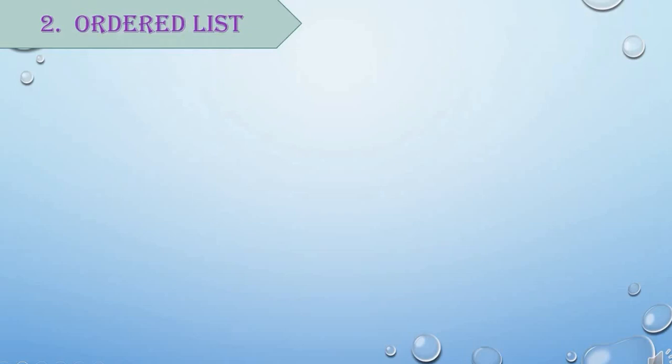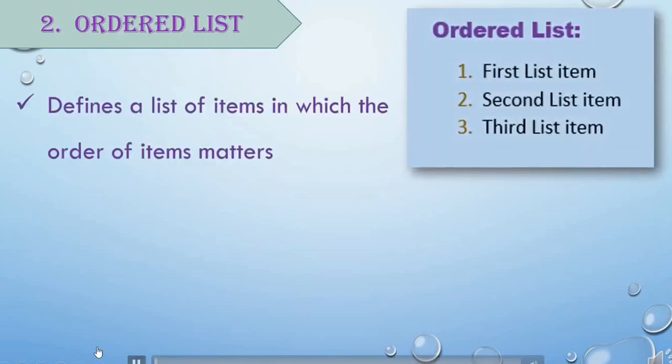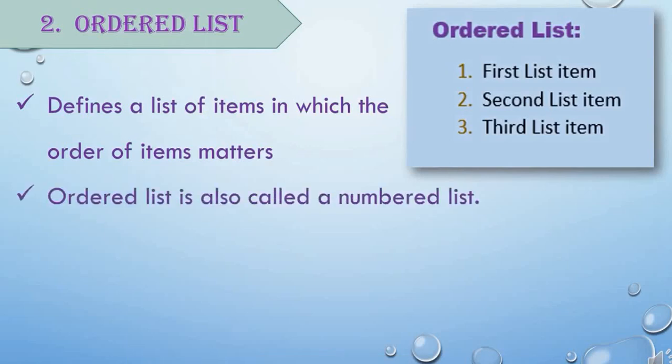The ordered list defines a list of items in which the order of items matters. These are sometimes called numbered lists, because by default, the list items contained in that list have a specific numerical order or ranking. Ordered lists are appropriate where the exact ordering of items is important to the meaning of the content.